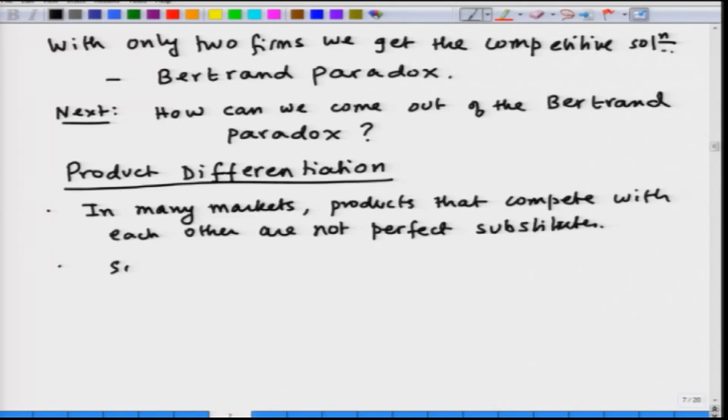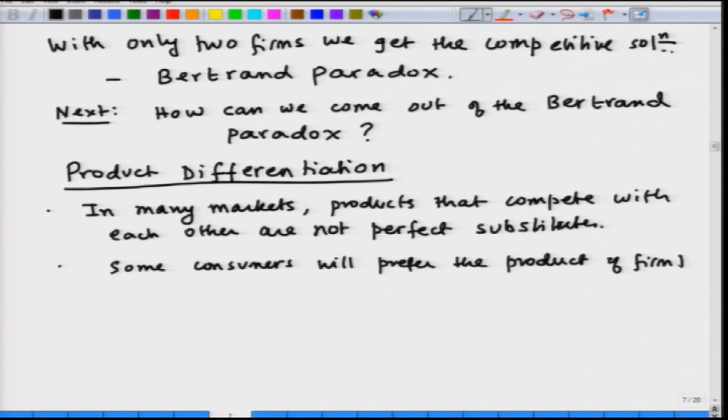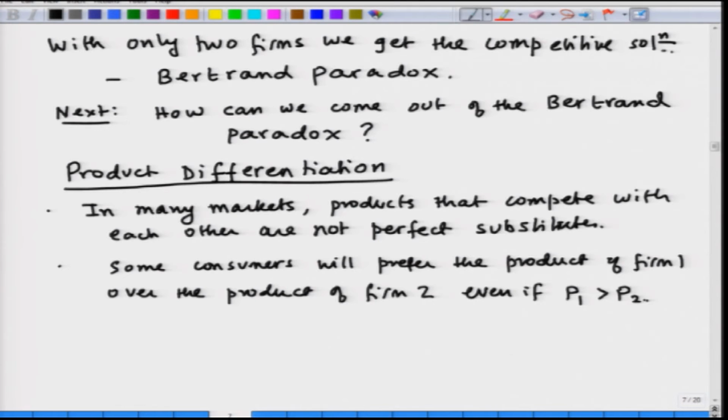Here, some consumers will prefer the product of firm 1 over the product of firm 2, even if the price of firm 1's product is greater than the price of firm 2's product.